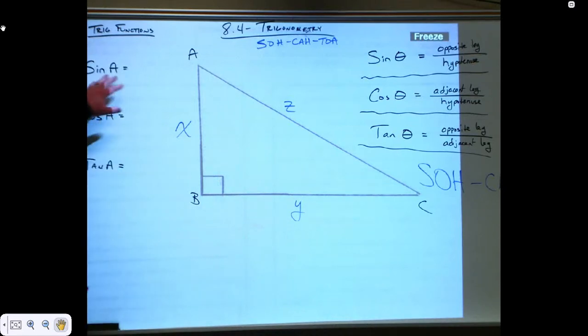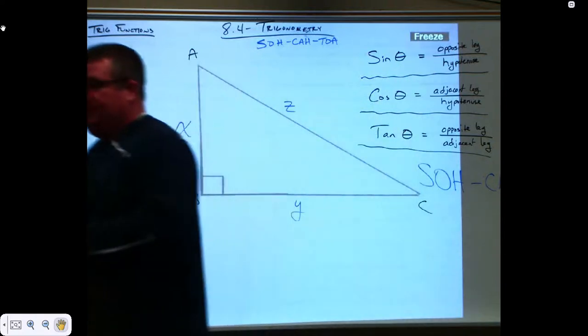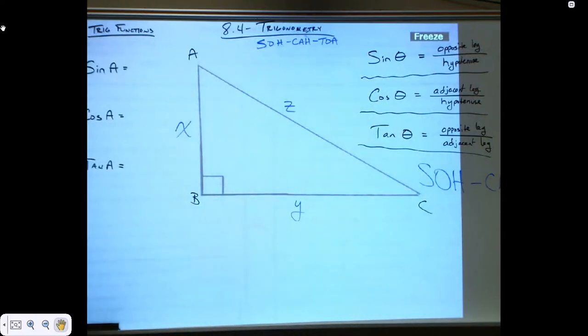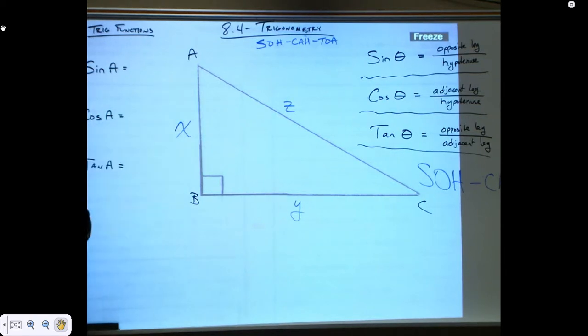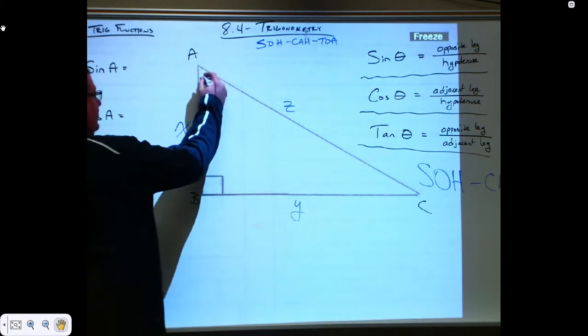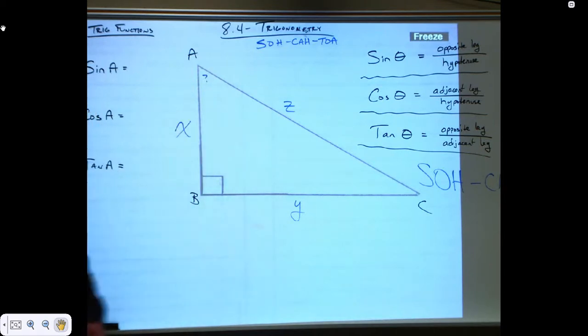So when I say find the sine of A, remember sine is opposite over hypotenuse, opposite leg over hypotenuse. We want the sine of A, so you go to angle A. What leg is opposite that angle?